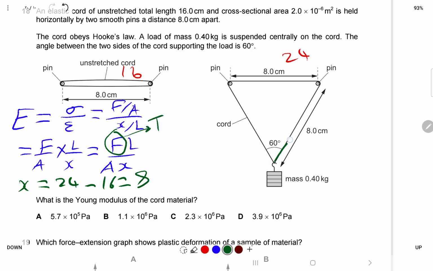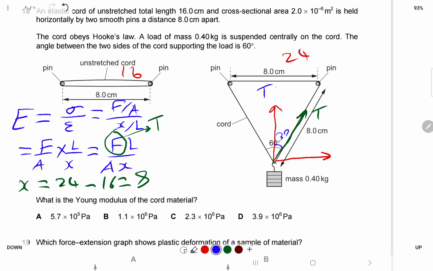Now the tension in the cord T can be calculated from the components. So here the tension can be split into two components, horizontal component and vertical component. So this is T, the tension, and here the angle is 30.